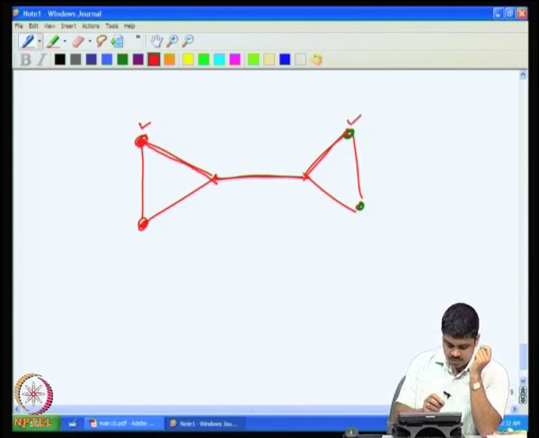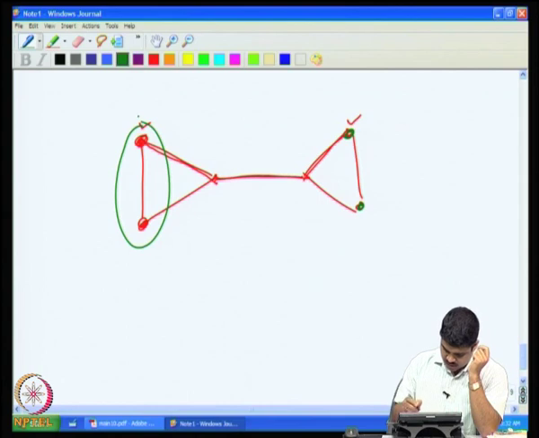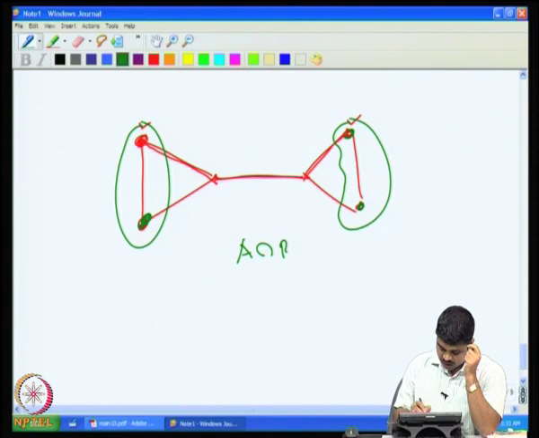It's also possible that you have A is this and B is this and also this. That means you can have a common vertex between A and B. A intersection B need not be empty. In that case, this vertex can be considered as an AB path.